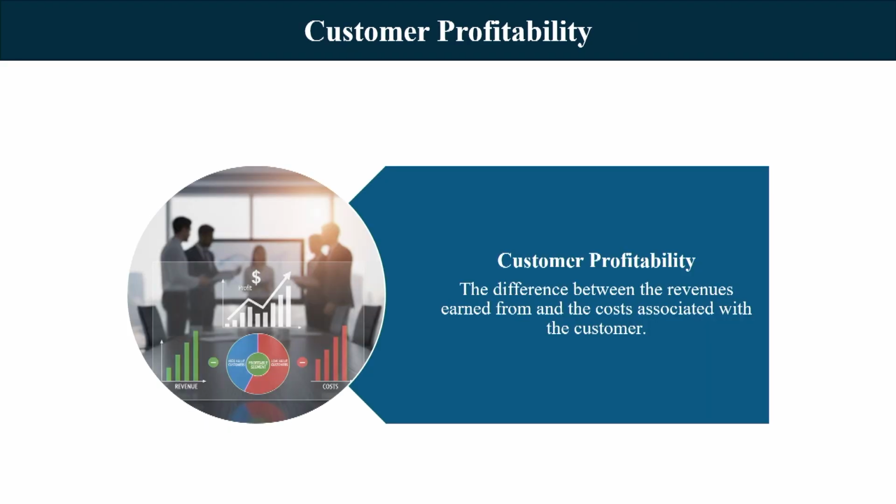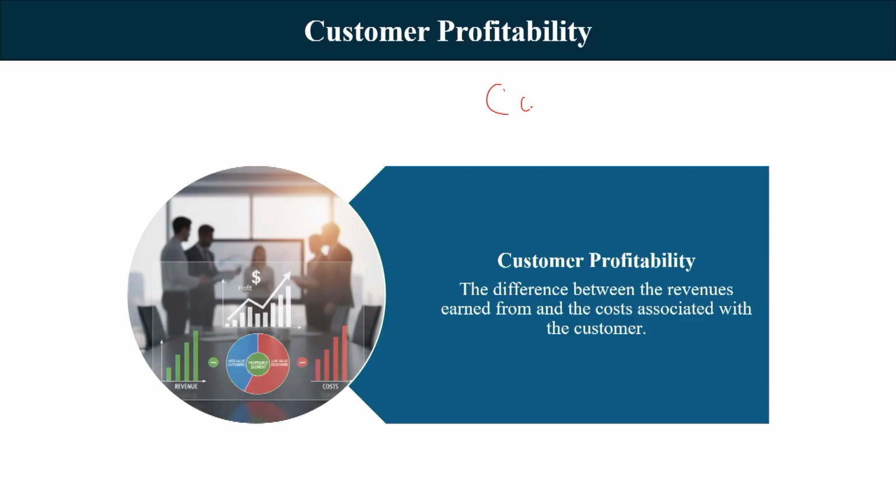First, let us look at what we call customer profitability. In simple terms, it is the difference between the revenues earned from the customer and the cost associated with the customer. So, there will be two costs: one will be the cost of production, and another will be the indirect cost. For example, the cost associated with marketing, the cost associated with delivery, the cost associated with service.